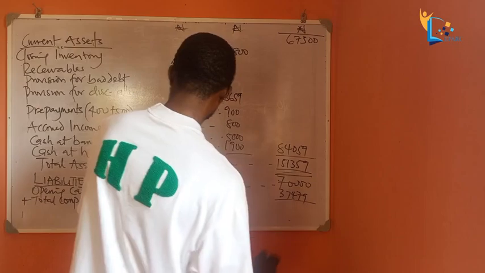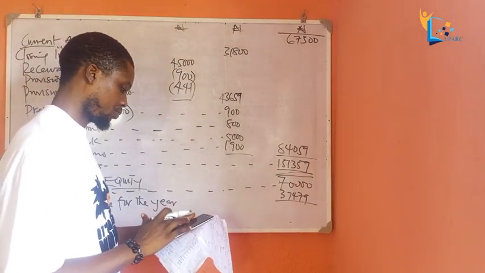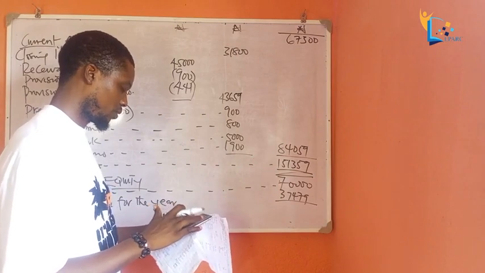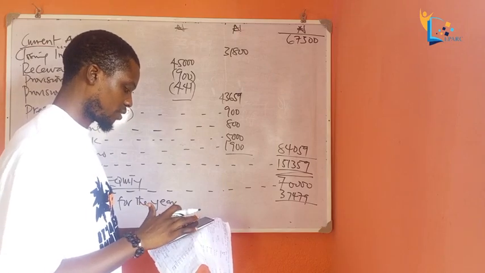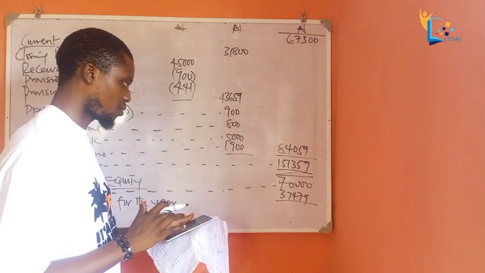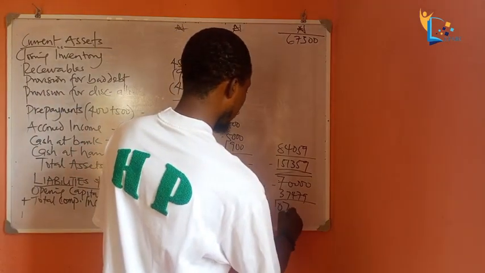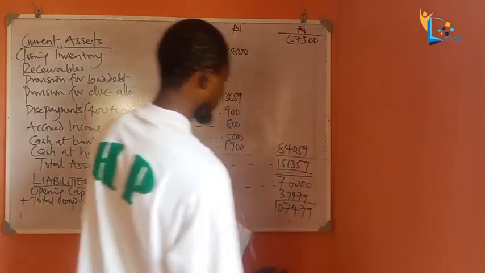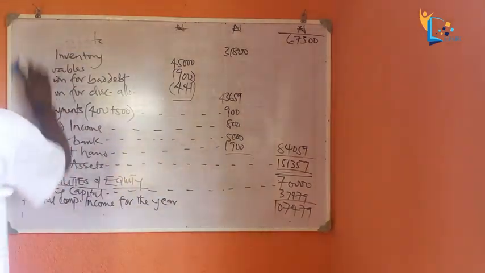When you add it, 70,000 plus 37,479 is 107,479. Okay, are we together?